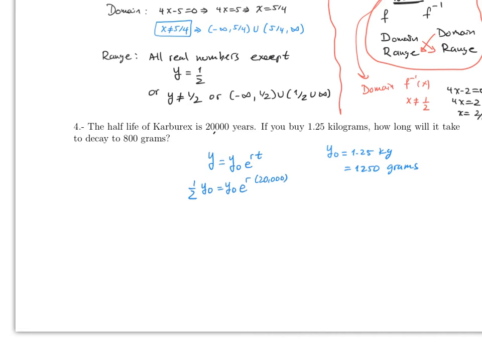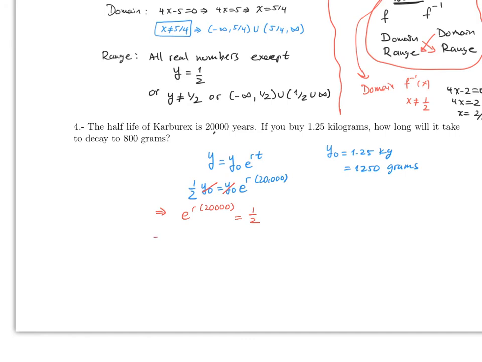So that means that in 20,000 years, you will end up with half of what you have. Okay? So then clearly y0 cancels, and you have e to the r times 20,000, or 20,000 r equals 1/2.